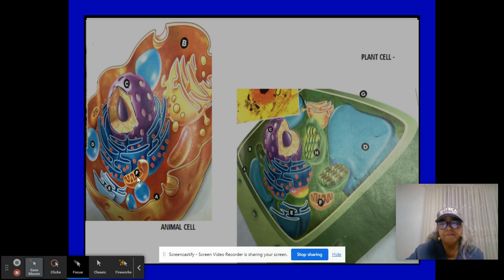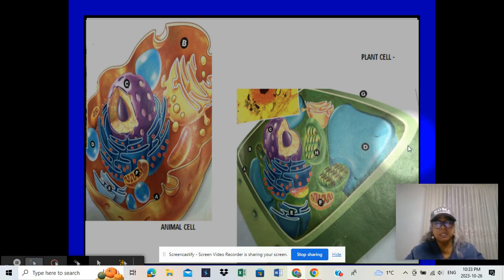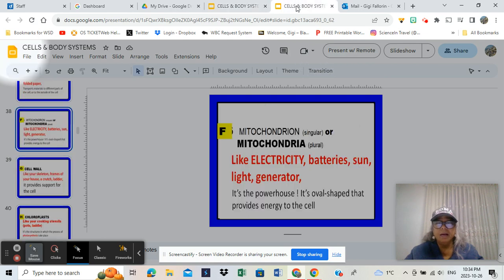The F. See how it looks? And we compared it to what? Can you remember? We said that it's oval shaped and provides energy to the cell. Although you see it like a series of batteries, one after the other. But basically, that's how you can spot it under a high powered microscope. Okay, so after letter F, what comes next?